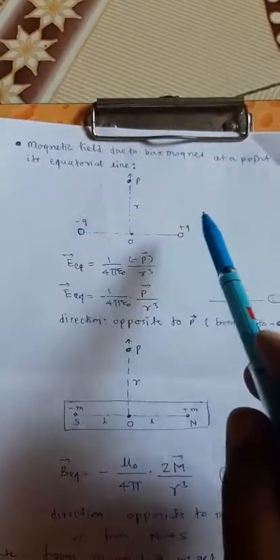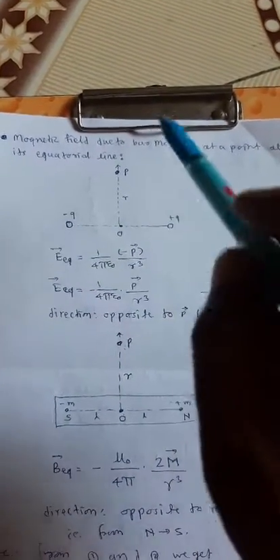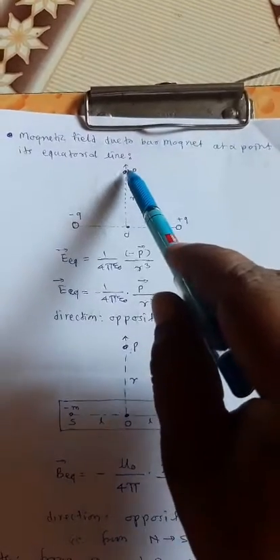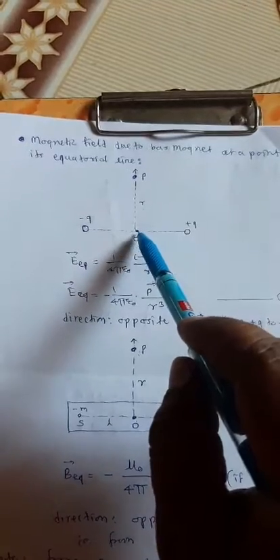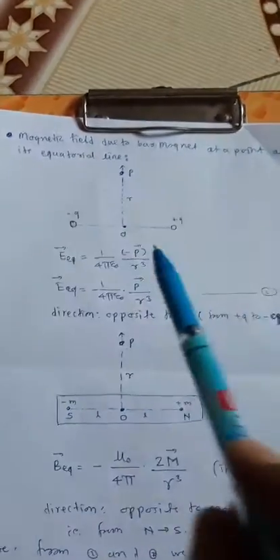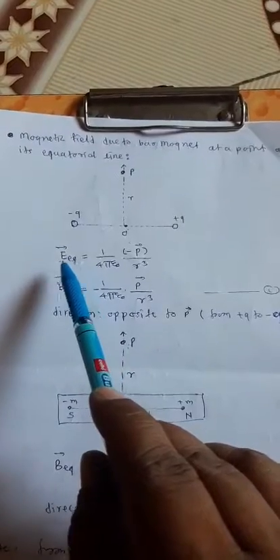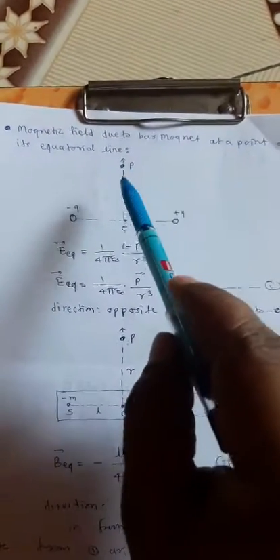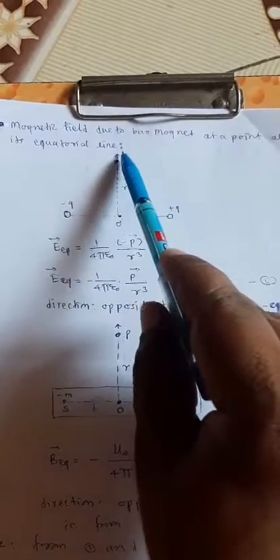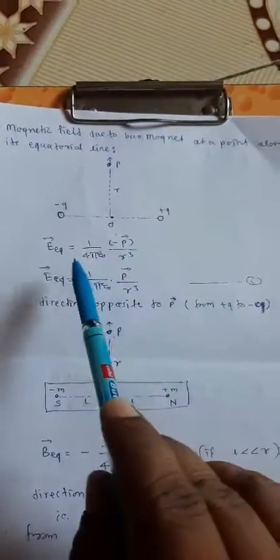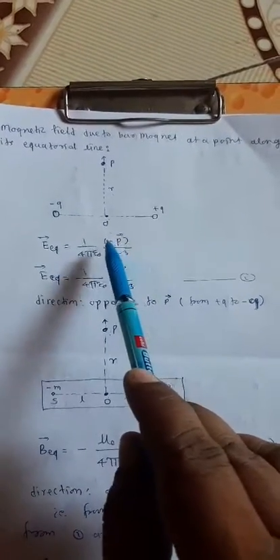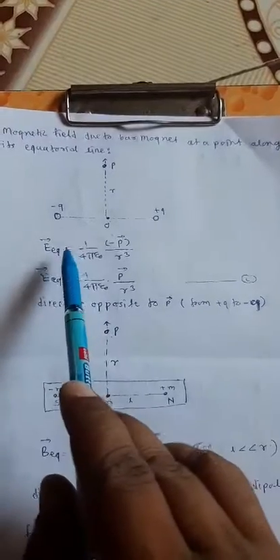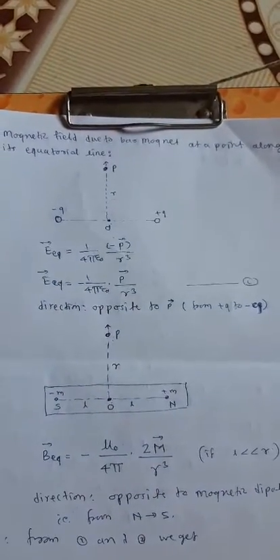This system is known as the electric dipole, and the intensity of the electric dipole at point P, which is situated on the equatorial line at a distance r from the center of the electric dipole, is given by E equatorial, which is equal to 1 upon 4 pi epsilon naught, minus P divided by r cube. This minus sign indicates that the directions of P and E equatorial are opposite to each other.